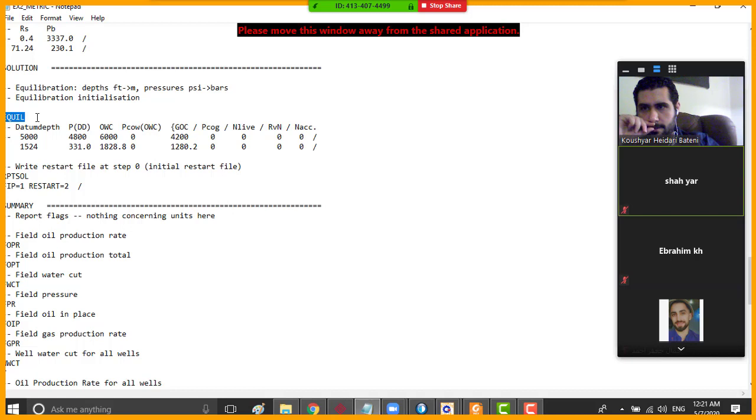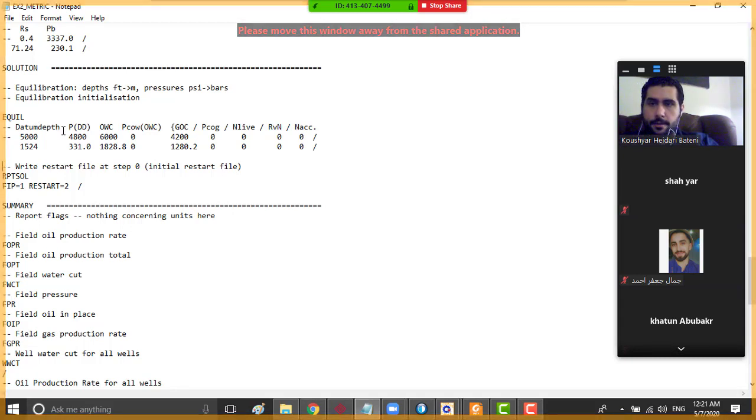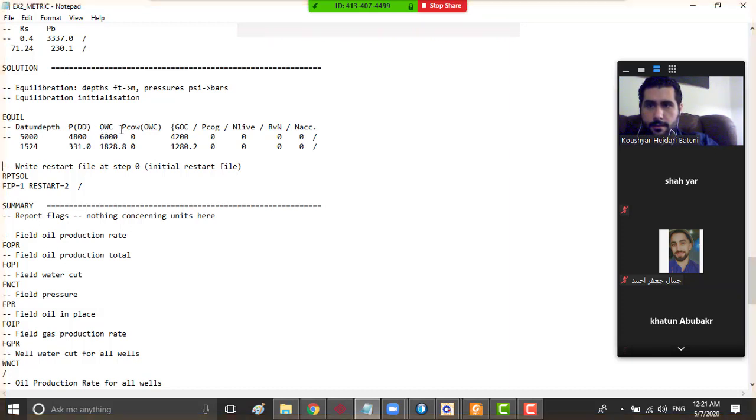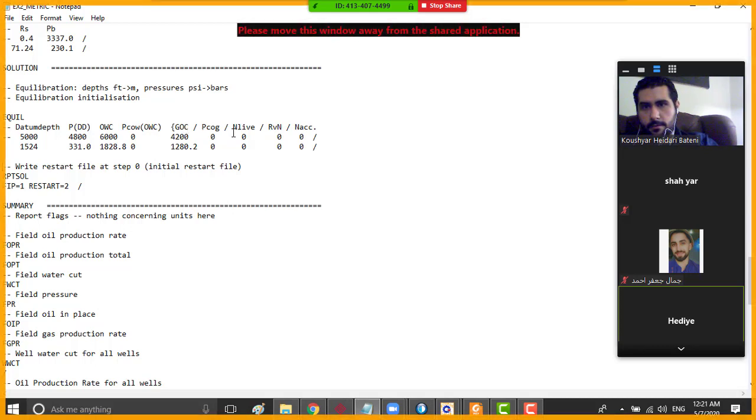In the equilibrium keyword, you're gonna give the simulator a datum depth, and at that datum depth, the pressure and oil water contact and oil water capillary pressure and gas oil capillary pressure and lots of other relevant data are given, right?